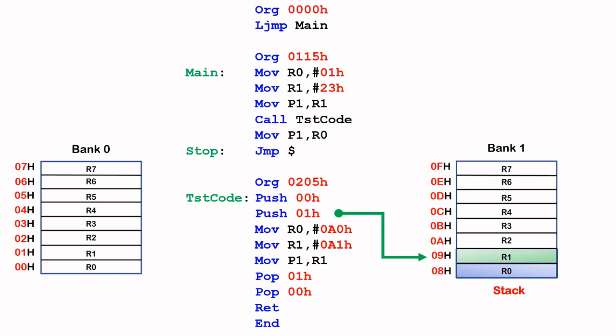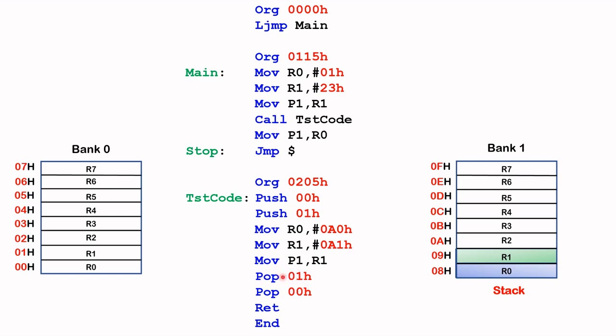The next instruction will copy A0 hex into R0, and then copy A1 hex to R1. So the previous contents will be replaced, but not to worry, because we have a copy of the previous values here on the stack. Then output the contents of R1 to P1, and then pop.